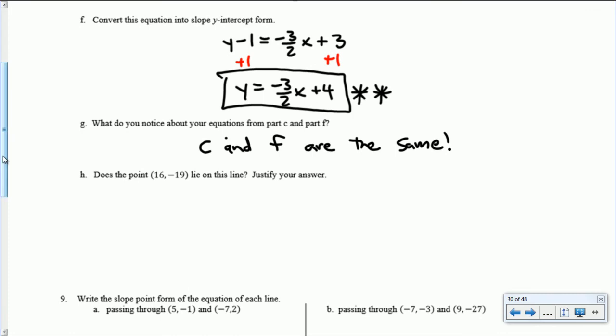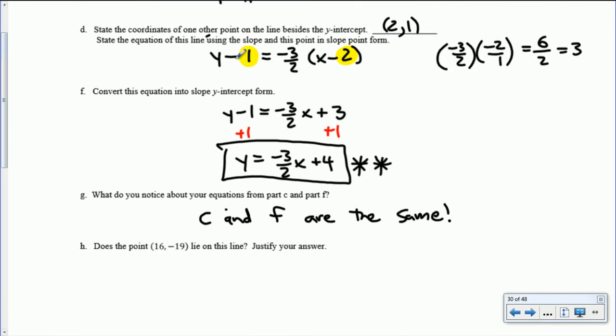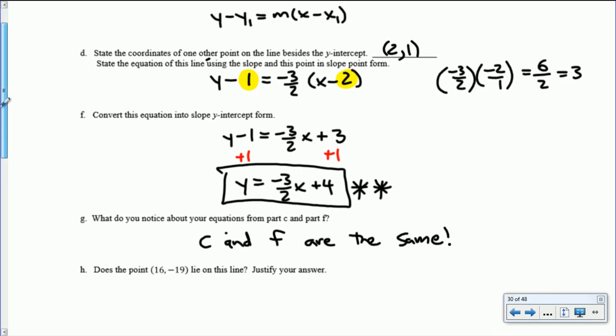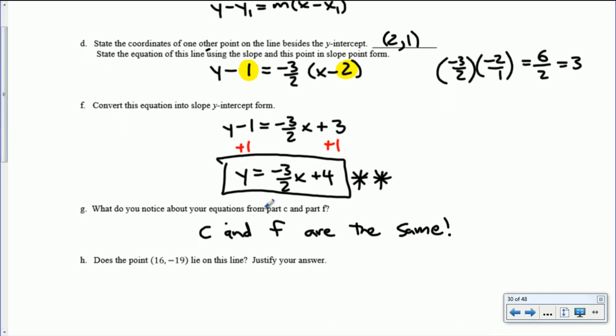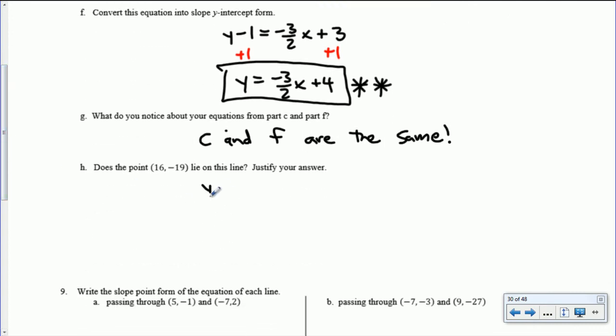So let's see, negative 16, negative 19, does it lie on the line? So what we could do is start with this again and see if it produces the same slope y-intercept form. So let's try. So y minus something equals m, which was negative 3/2 x something.